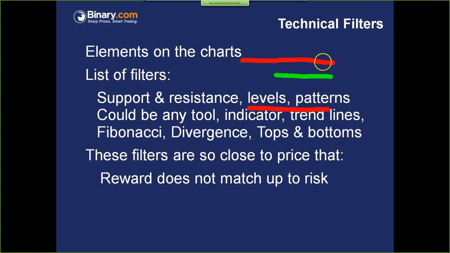Relatively close to the daily high, further away from the daily low. Taking a long at the green level and putting the stop loss at the daily low would mean that we have a risk of this red box. If we aim for the daily high, we have a potential reward of this green box. That green box is smaller than the red box, which means that we're risking more than our potential reward.